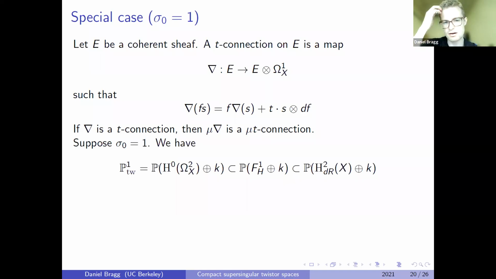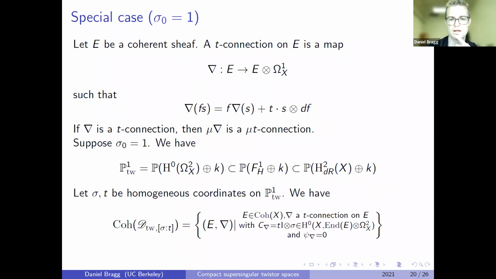Okay, and by what I said earlier, the twistor P1 is the projective closure of this U inside of the de Rham cohomology. And then I also said that U is equal to the second piece of the Hodge filtration. So the twistor P1 in this case is basically the projective closure of the second piece of the Hodge filtration.